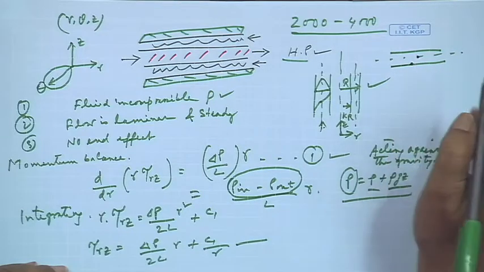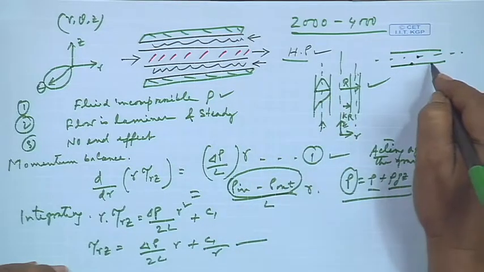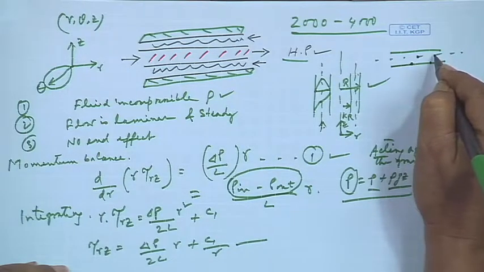This is where the momentum flux is maximum and this is where the momentum flux was minimum.